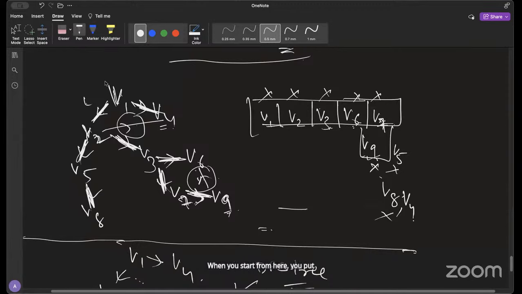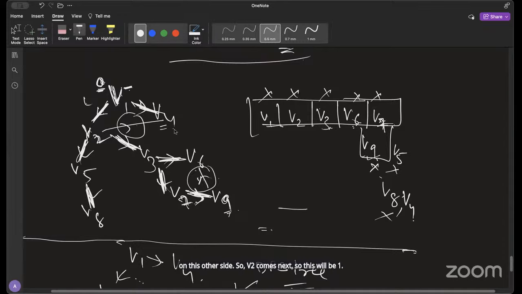When you start from here, you put a counter here, the starting counter, the initializing counter, which is, let's say, 0. You start with a 0 only. You started with V1, so this is 0, and then you go to V2. When you started exploring V1, you put a 0 here. And when you're done exploring V1, you put the closing counter on the other side.